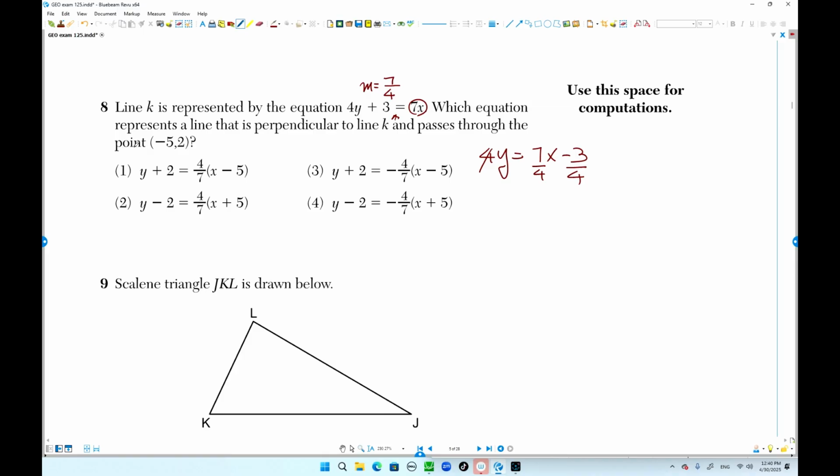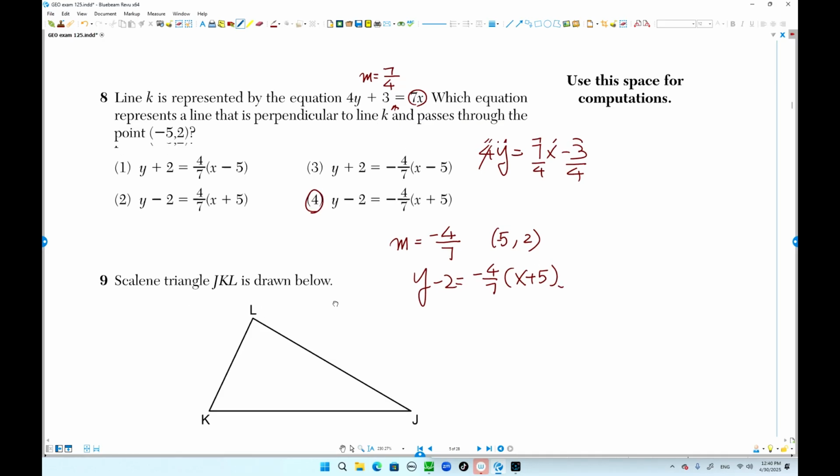What is the slope of the perpendicular line? The negative reciprocal. So negative 4 over 7. But it has to pass through the point negative 5 and 2. We can use point and slope form. Y minus 2, slope is negative 4 over 7, times x minus 1, right? So plus 5, okay? Oh, we have option 4 is the answer, okay?